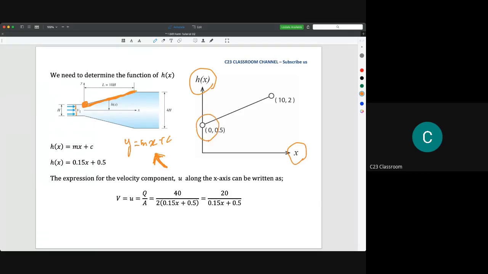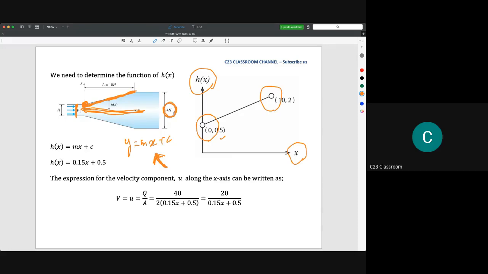You know that the distance here is 1. So if this is the x-axis, the center point will become 0.5. And here, we have 10 and 2. Why? Because it is given in the question that h is equal to 1.